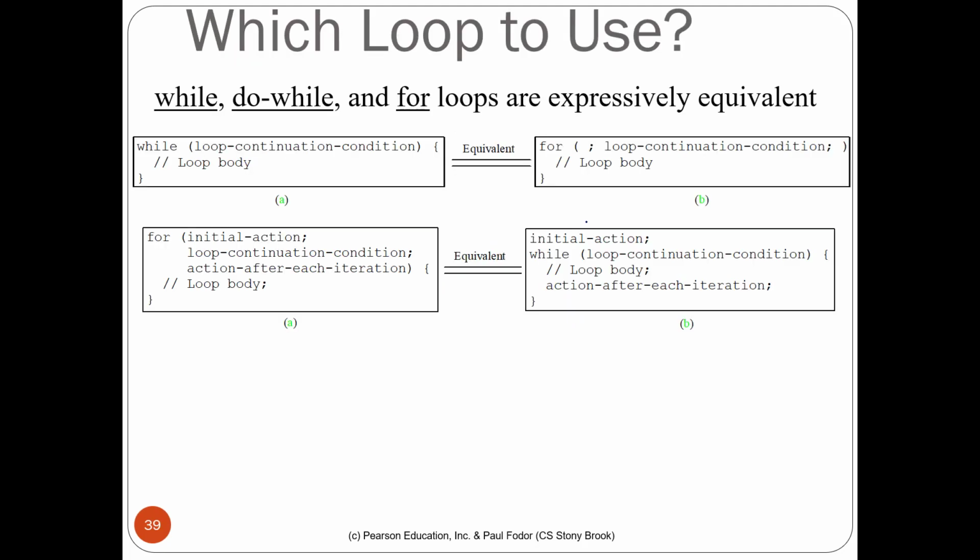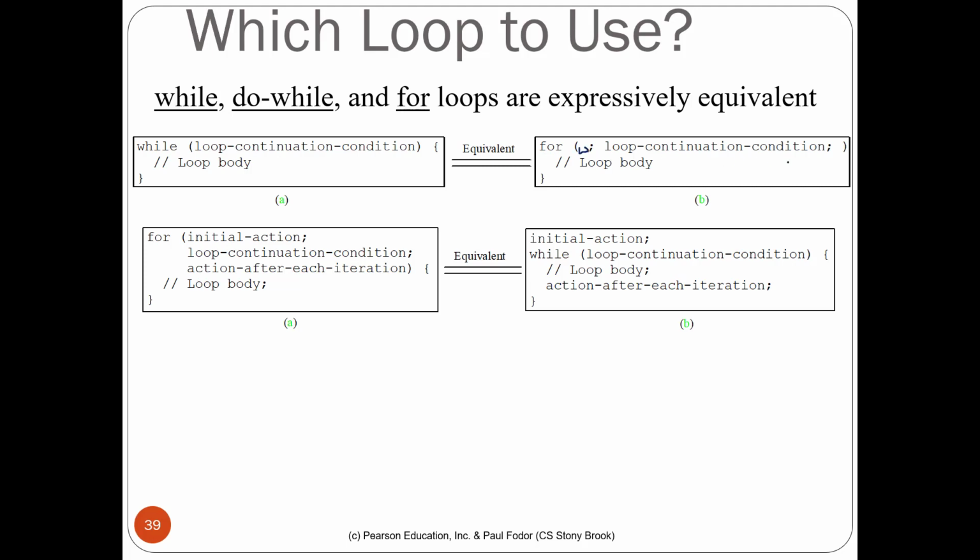Now, which loop to use, right? Well, as I said, it is your personal choice which one you use. We can replace one loop for the other. Like if you have a while loop written in this way, then you can write a corresponding for loop as well. But that would be a very interesting for loop, because you have nothing in the initialization.